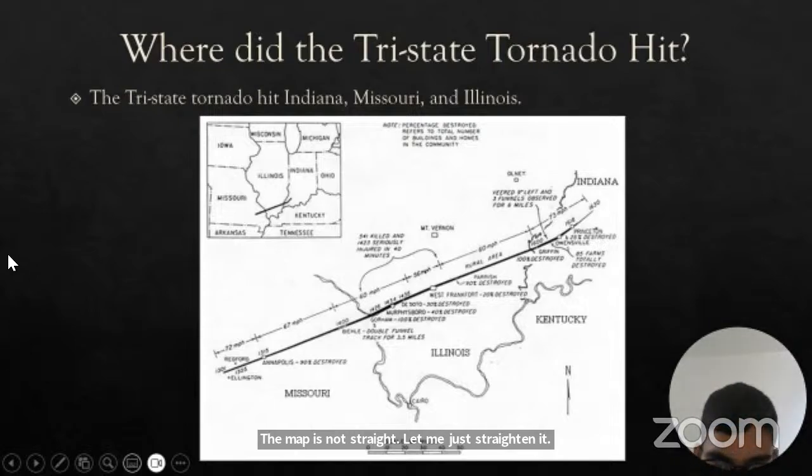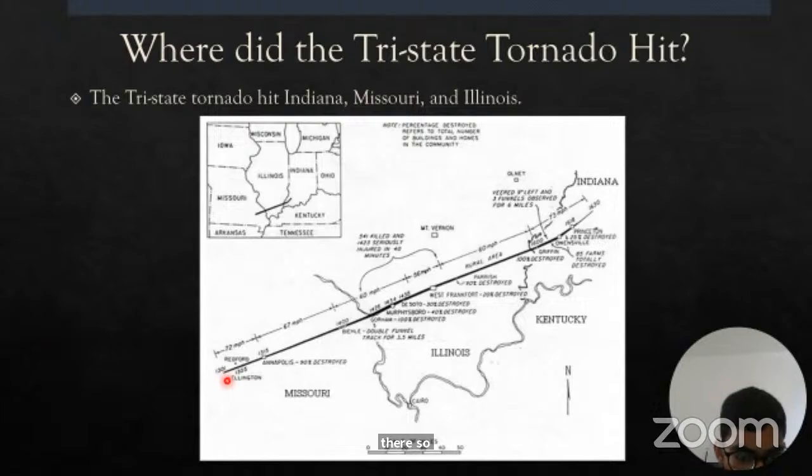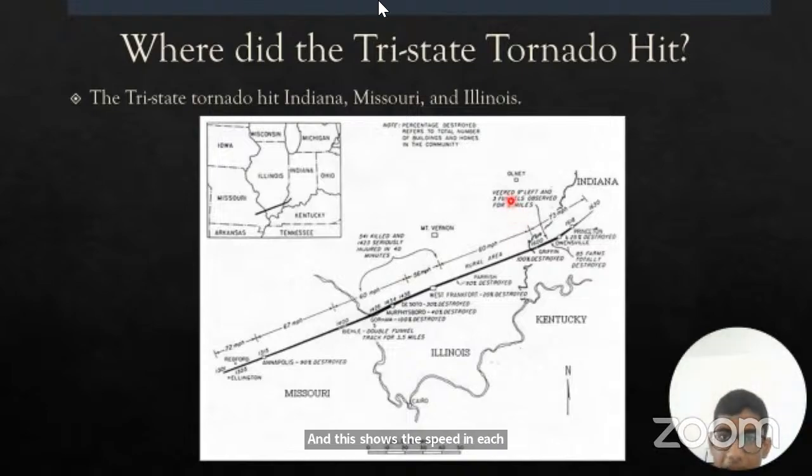So this shows the path of the tornado, the darker black line, and this shows the speed in each part of the tornado, what was its highest speed, etc. There are some towns along the way which were in the path of the tornado.